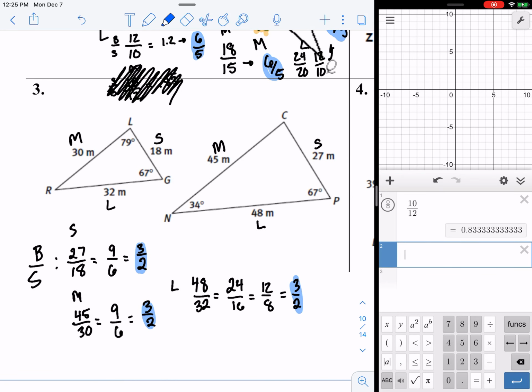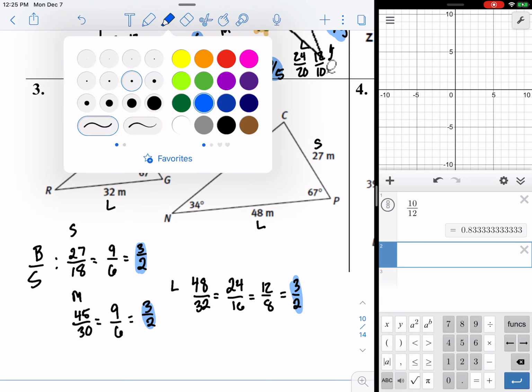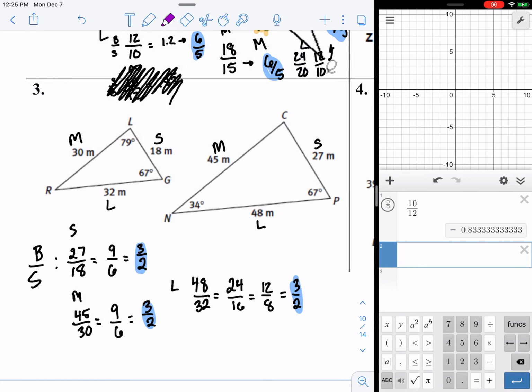Now remember, similar triangles have congruent angles and proportional side lengths. So I have 79 in one triangle. That means I must have 79 in the other triangle. Well, I have a 34 and a 67, which means my missing angle must be 79 degrees. Another way to do this is remember that all three angles inside a triangle must add up to 180.